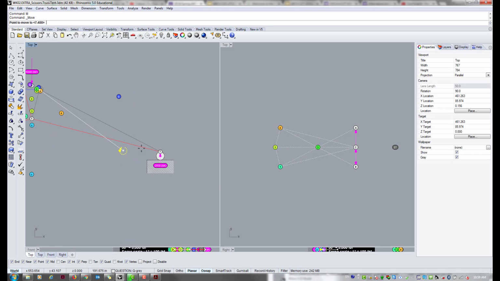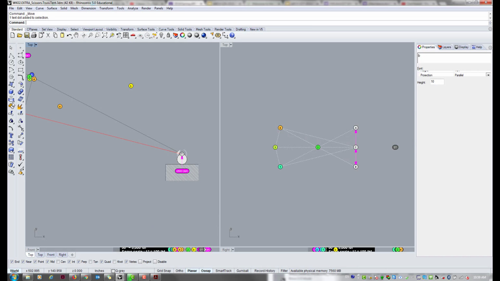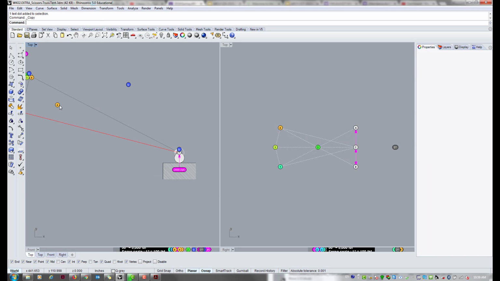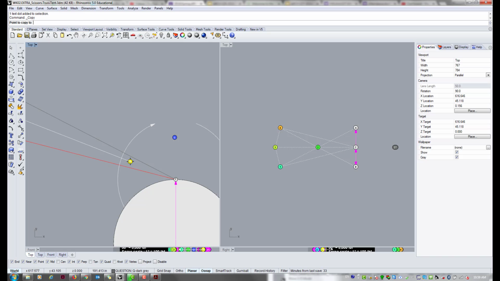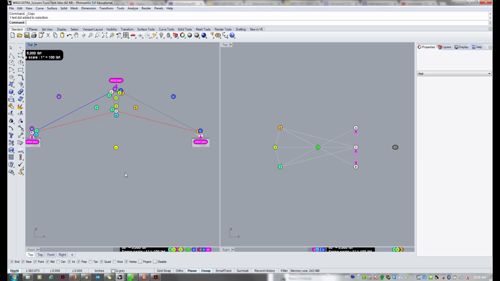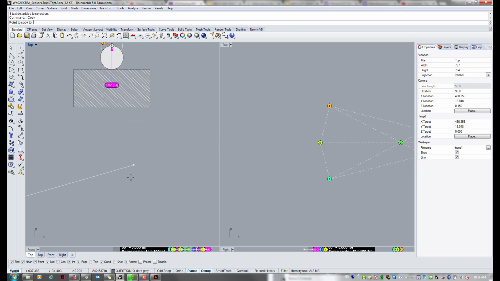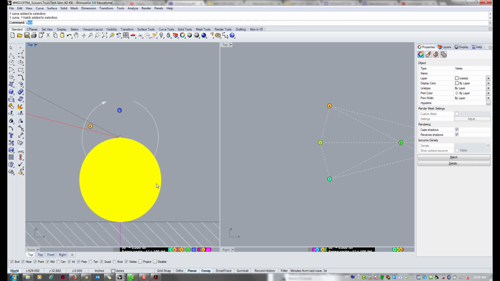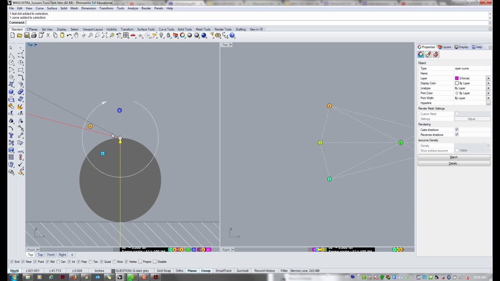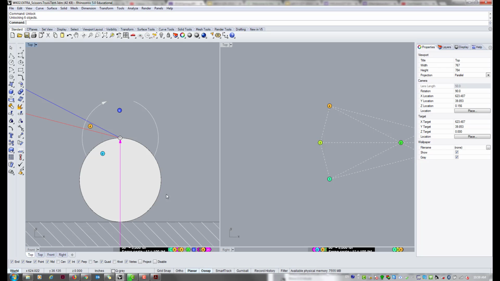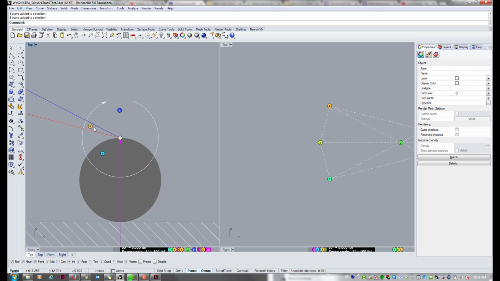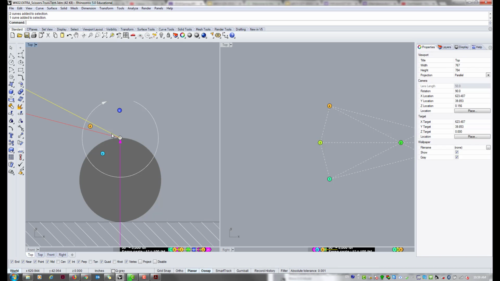The last point that we haven't analyzed yet is the point T. Zone C is right there. So about point T, there's zone C here between these two forces. Zone 4 is between these two, and zone B is between these two.